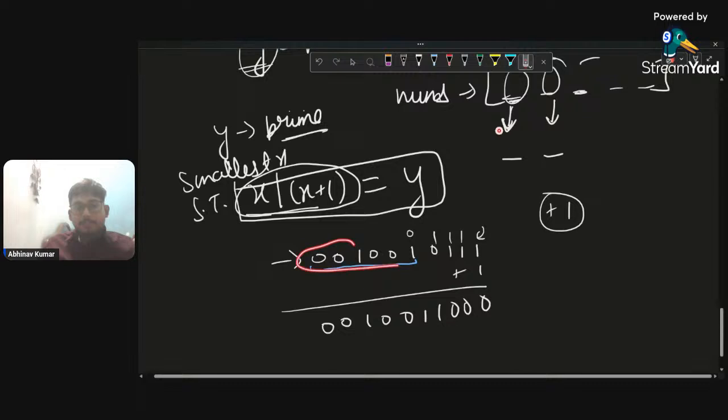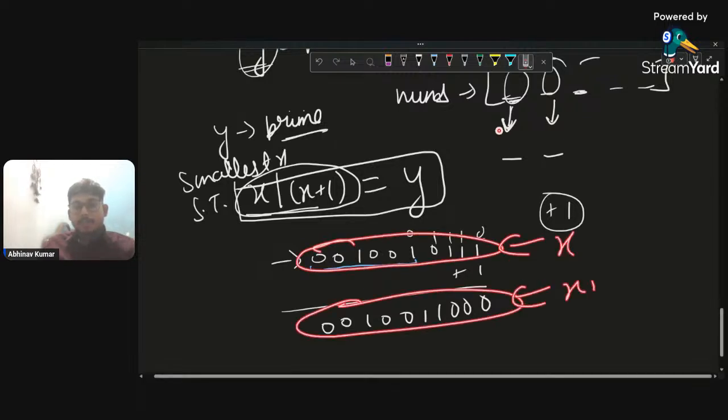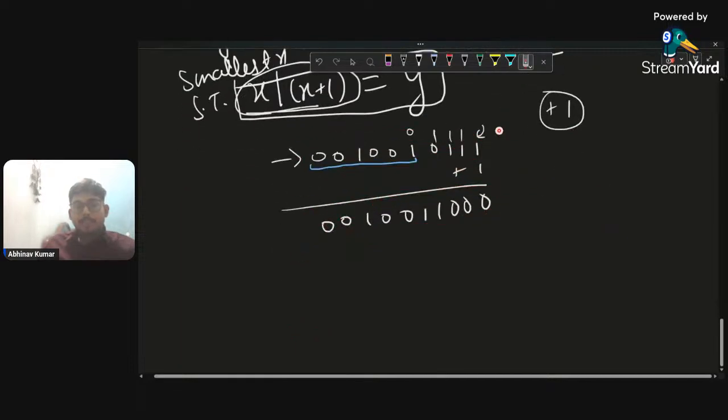Now when we do a bitwise OR of this, which was my x, with this, which was my x + 1, for all these bits they are the same, so their bitwise OR would also remain the same. But for these bits, since they are flipped, if there's a 0 there's a 1, so the bitwise OR would become 1.